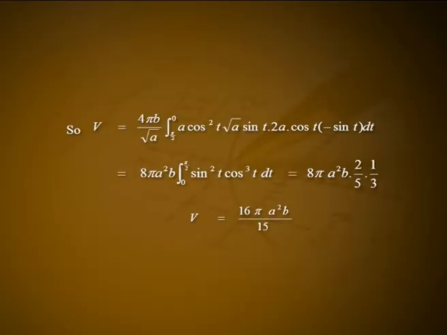So V = (4πb/√a) ∫ from π/2 to 0 of a cos² t · √a sin t · 2a cos t · (−sin t) dt, that is equal to 8πa²b ∫ from 0 to π/2 of sin² t cos³ t dt, which is 8πa²b · (2/5)(1/3). V = 16πa²b/15.